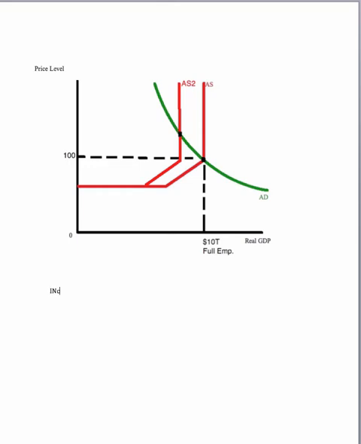So an increase in wages, an increase in cost of raw materials, such as oil, more government regulation, higher business taxes. Those are things that will cause a decrease in aggregate supply and make a shift left.